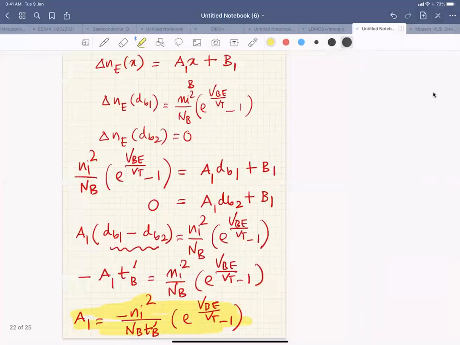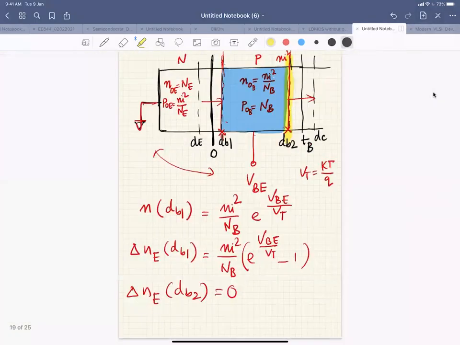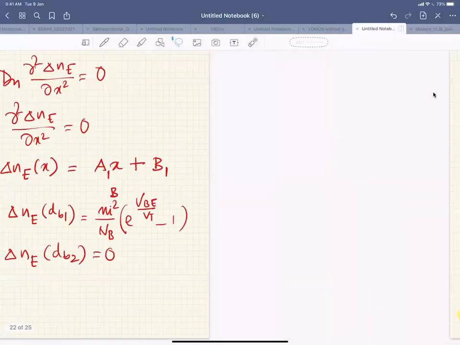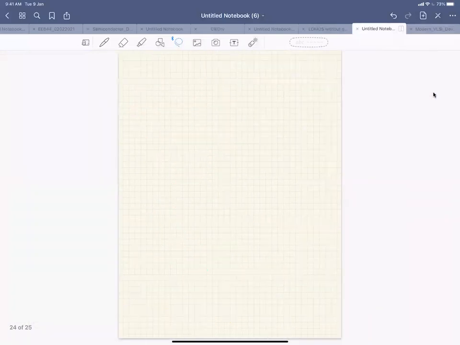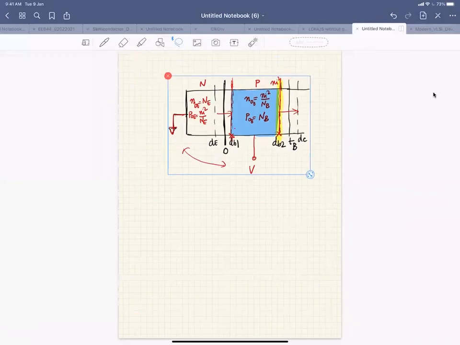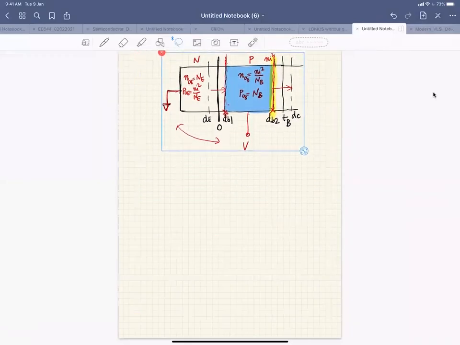Because if I take this again here, copy. IP is the hole current, right? Because the holes are injected from base to emitter, so in that case there is excess hole current.